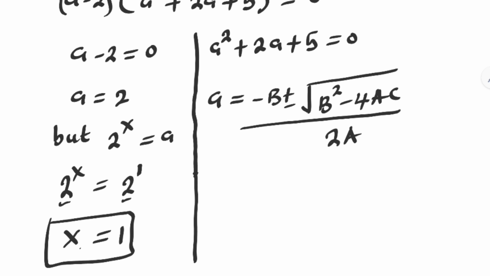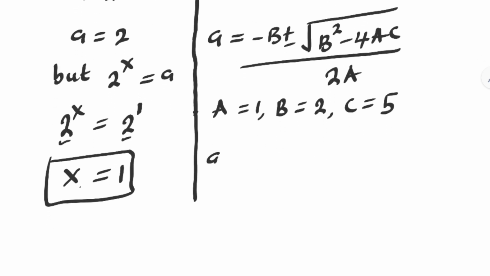Then from this equation, a is equal to 1, b is equal to 2, c is equal to 5.